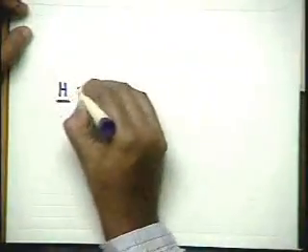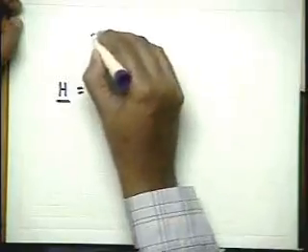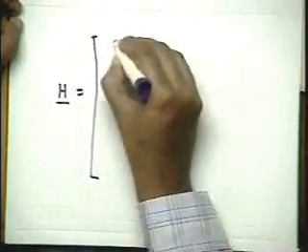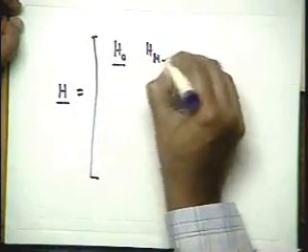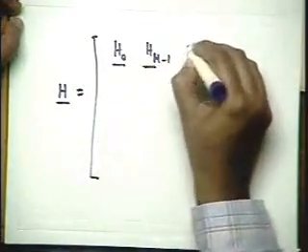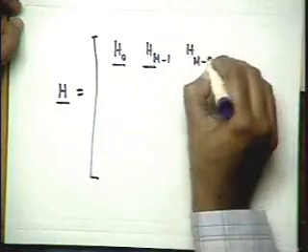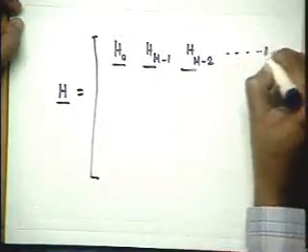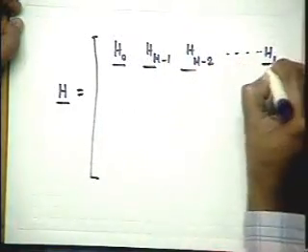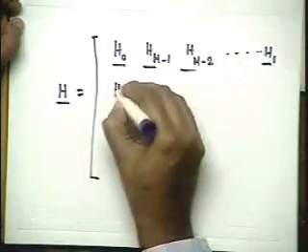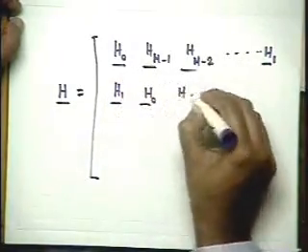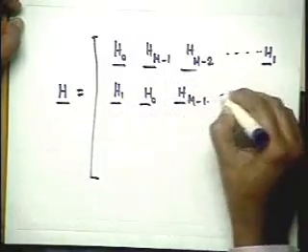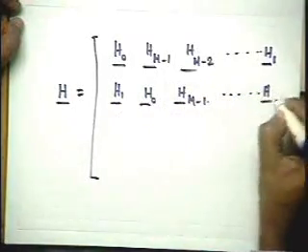The capital H matrix in two dimensions is written as H0, H(m-1), H(m-2), etc., up to H1. The next row is H1, H0, H(m-1), etc., H2.